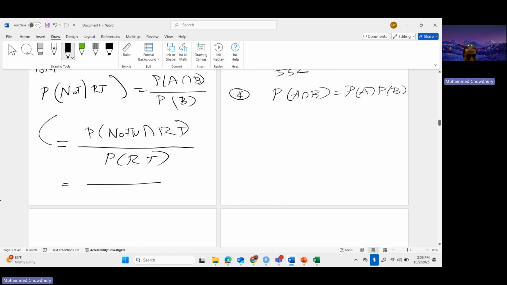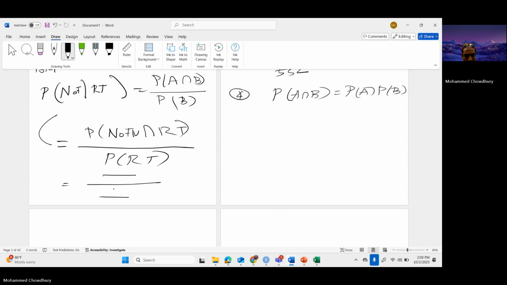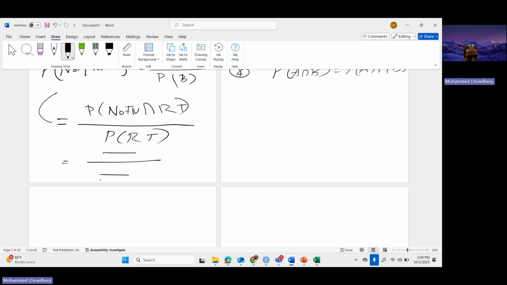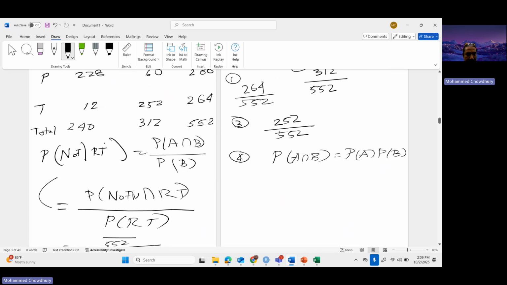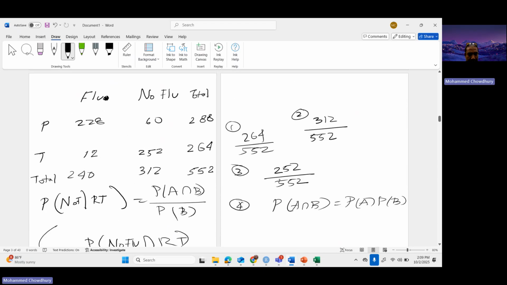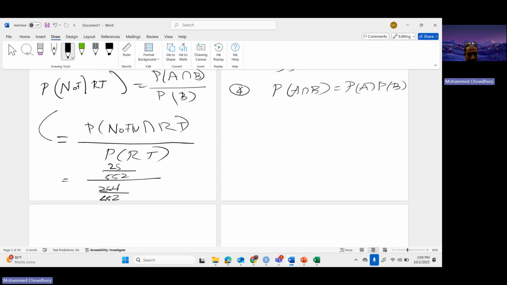Receiving treatment is 264. Receiving treatment and no flu is 252.